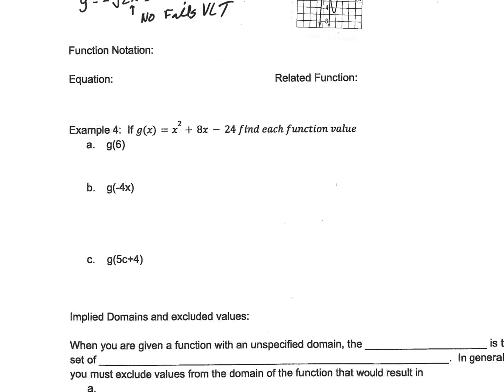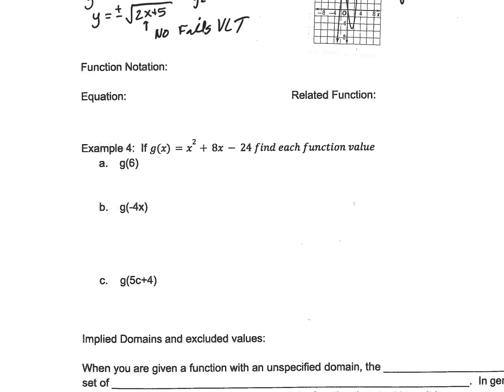All right, so function notation. What is function notation? So y equals negative 6x would in function notation be f of x equals negative 6x. This is how we name functions. We can't call everything y sub 1 and y sub 2 and y sub 3. So instead in math, we name them f, g, h, j, k of x.